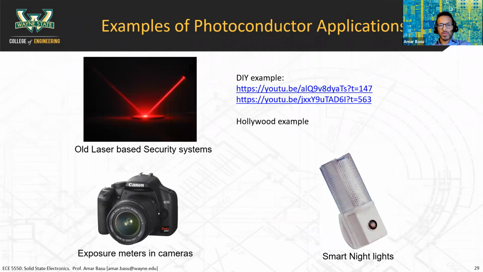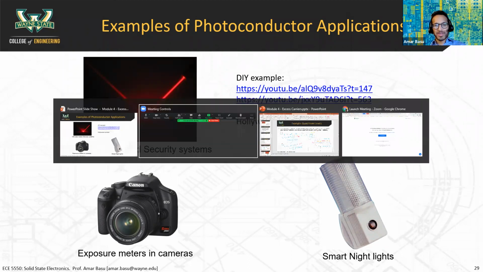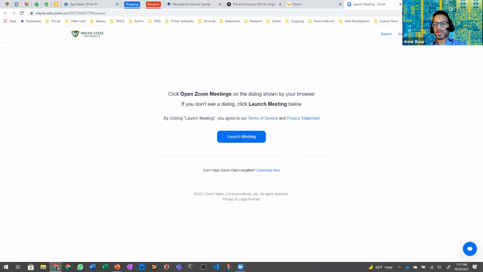So just some quick examples of photoconductors. How many of you have seen Ocean's 11? The movie. Corey has. Let's see if I can do a little YouTube search on it.